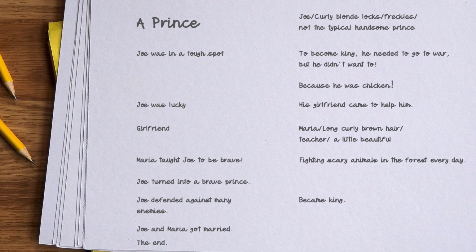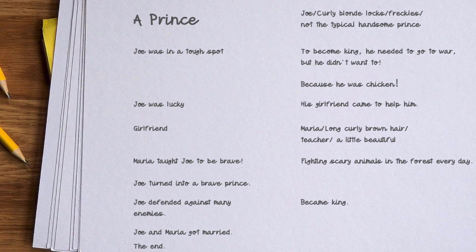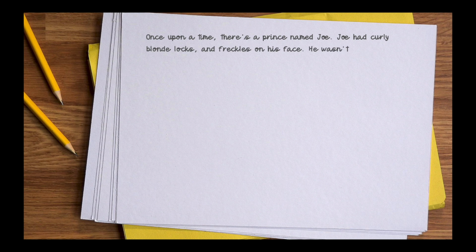I'm working with, I will do one of three things. First, if the child is very young, I would simply retell the story to him or her in my own words, right? So for example, once upon a time, there is a prince named Joe. Joe had curly blonde locks and freckles on his face.